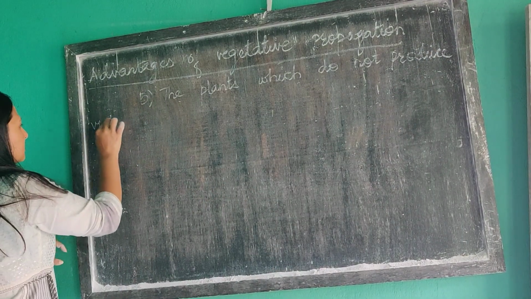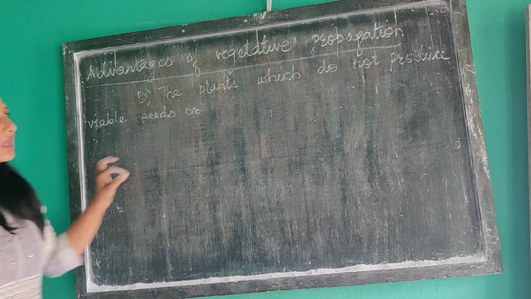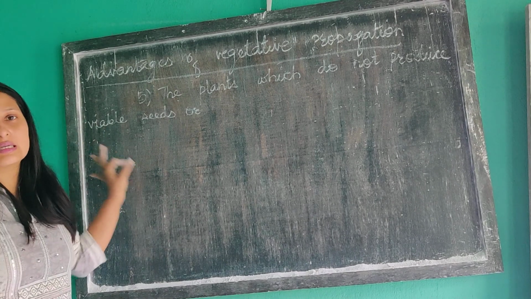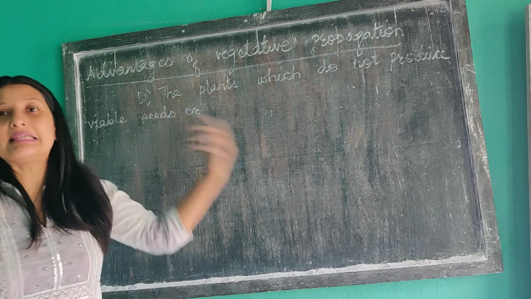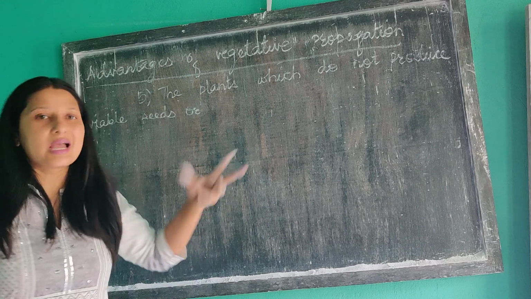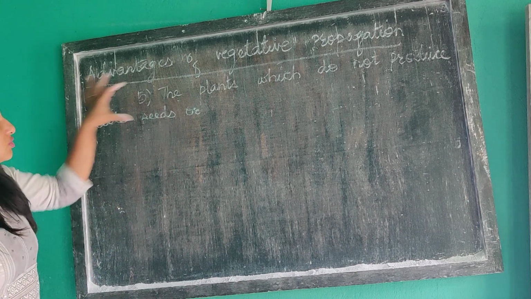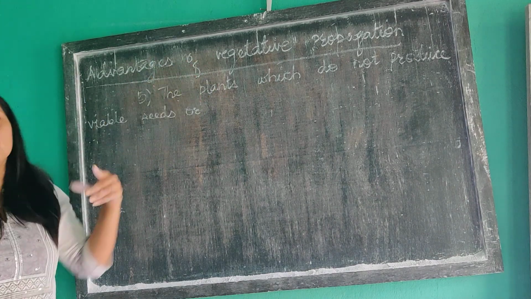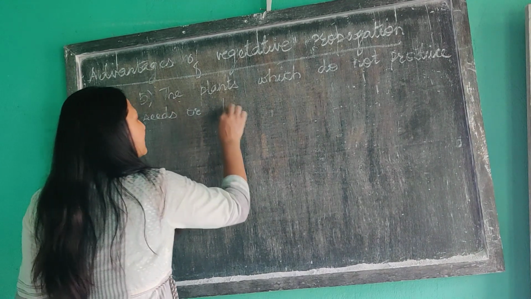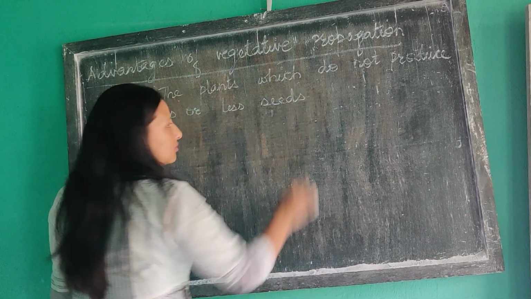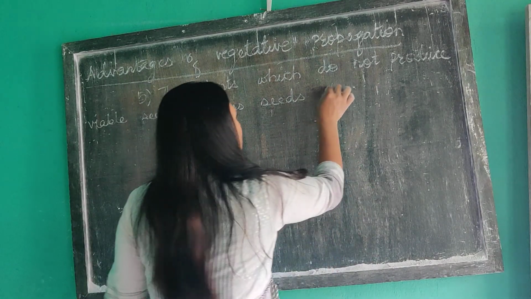Okay, viable seeds. Viable seeds means seeds that are capable of germination. But sometimes some plants, they produce seeds which are incapable of germination. That means they cannot germinate and they cannot grow into new plants. So such plants can be cultivated through vegetative propagation. So the plants which do not produce viable seeds or less seeds, कम्ती seeds पलाउँछ त्यस्तो खालका प्लान्ट्सहरूलाई चाहिँ can be reproduced using this method.